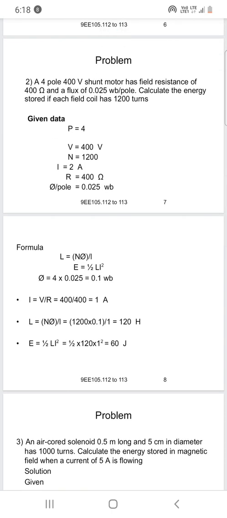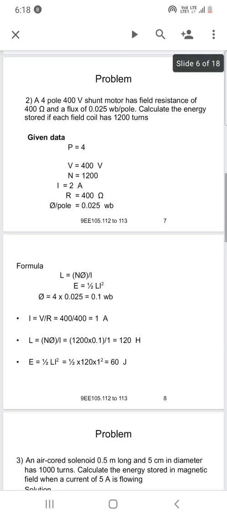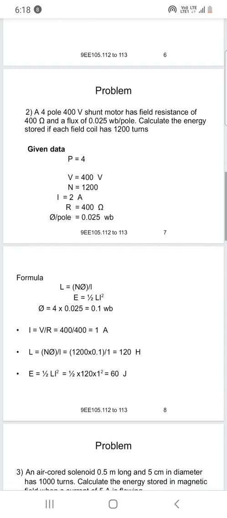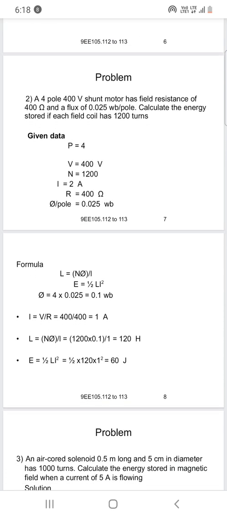So the motor resistance is equal to 400 ohms, and the flux per pole is equal to 0.025 Weber.